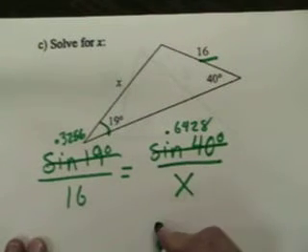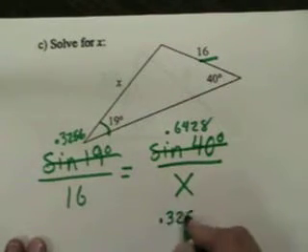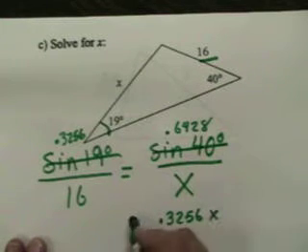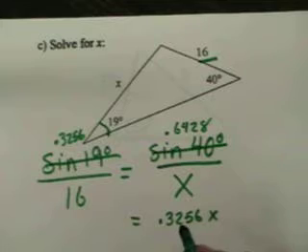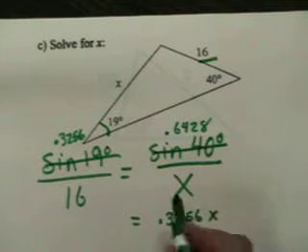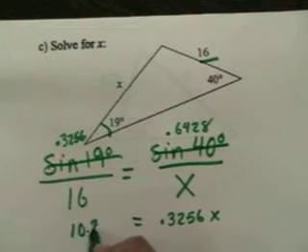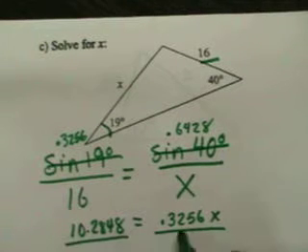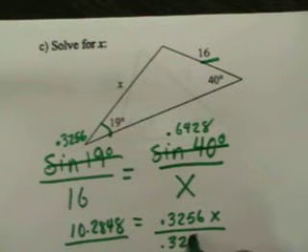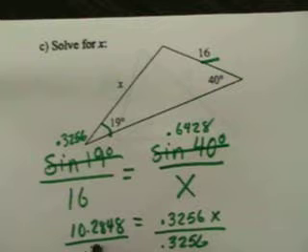Cross multiply, I'll get 0.3256x equals 16 times 0.6428, which is about 10.2848. Now I'm going to divide both sides by 0.3256.